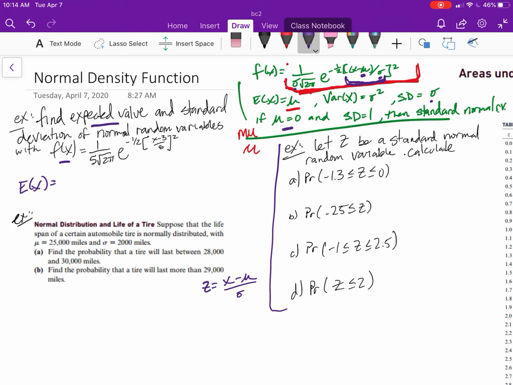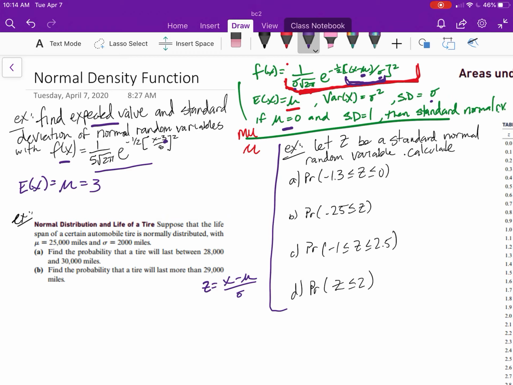And observing this, the mu here is just right there, right? It's 3, x minus 3. This thing fits exactly in that form to the right. So the mu is 3, the expected value is 3.